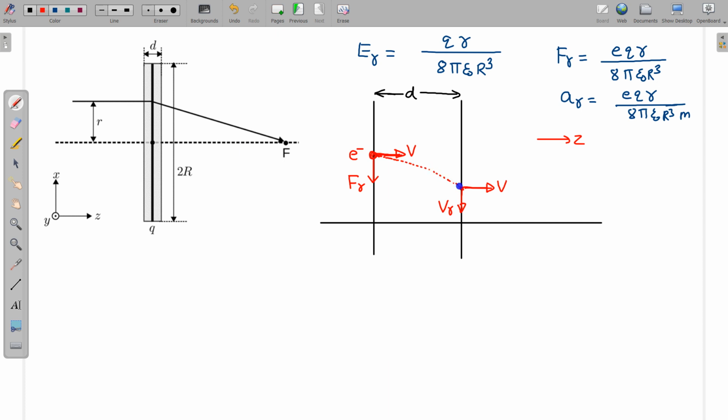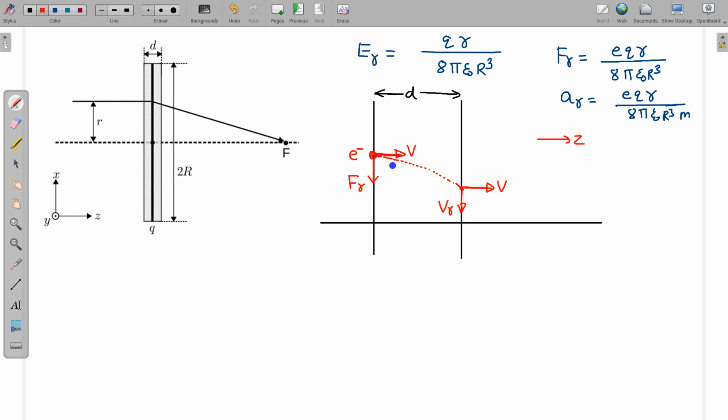But I am just assuming there is not much change in the force, not much change in the ER. So ER is approximately constant, it is not deflecting too much. So we can assume a constant force throughout its journey along the radial direction.